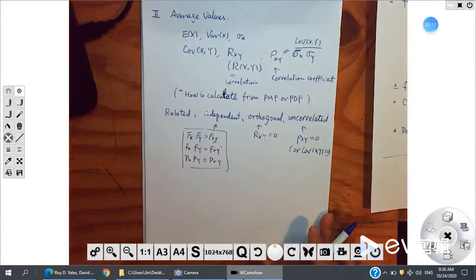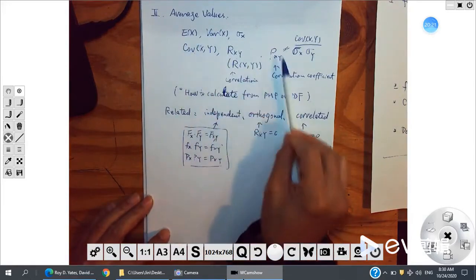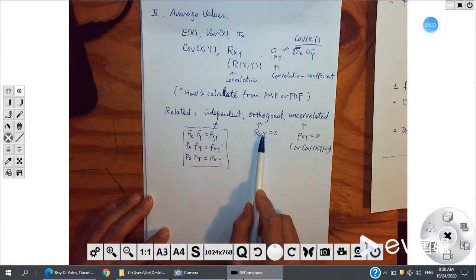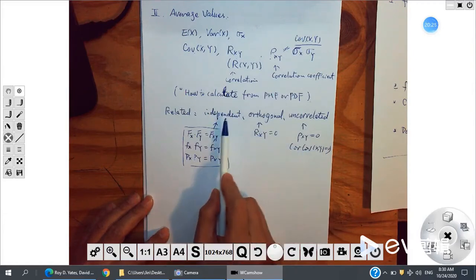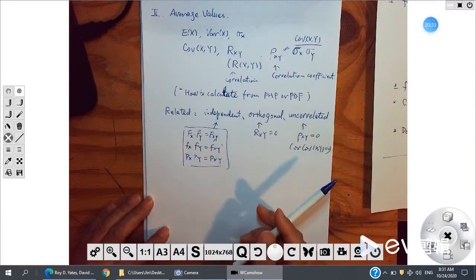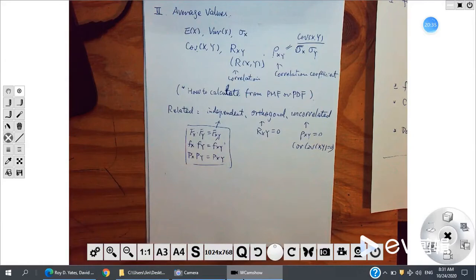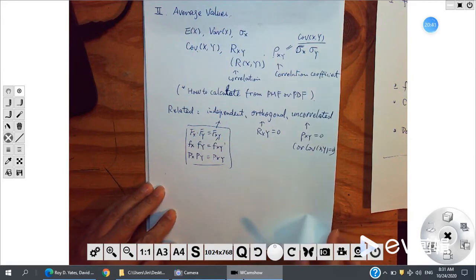So sometimes when you are calculating these numbers, maybe we also want to know the relation between two random variables. Are they orthogonal? Are they uncorrelated? Or are they independent? These are the average values. Let me see, what else do we have? I think that will be all.